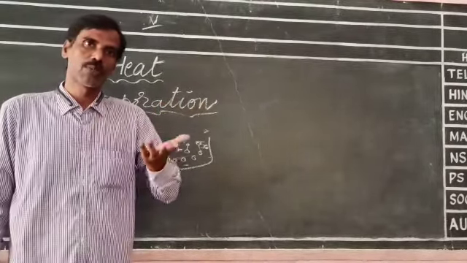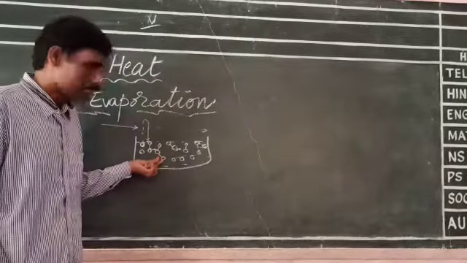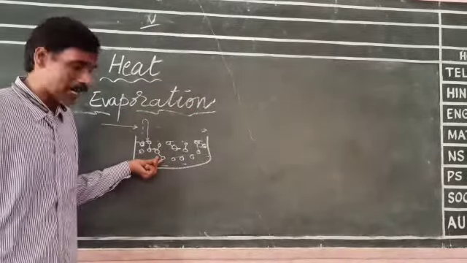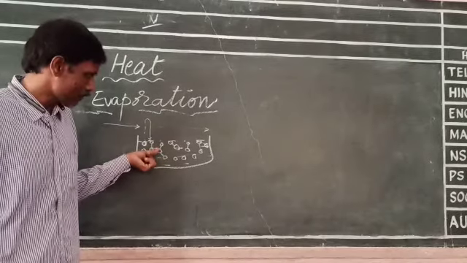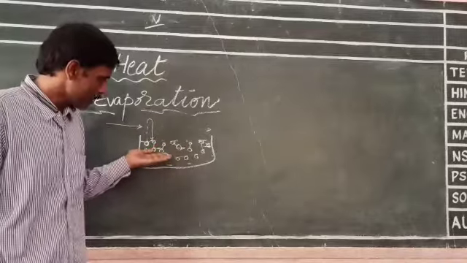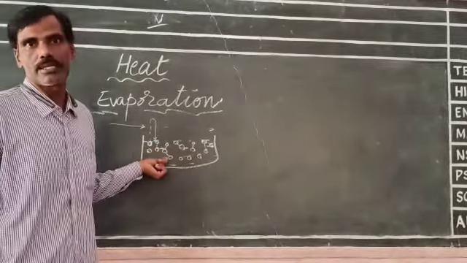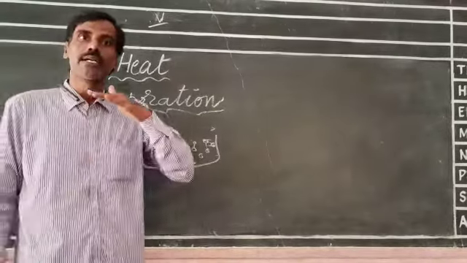Then the evaporation process takes place, and in this case the kinetic energy of the liquid particles is transferred to the particles on the surface. That means they are losing the kinetic energy. As they lose the kinetic energy, the temperature of the liquid decreases.